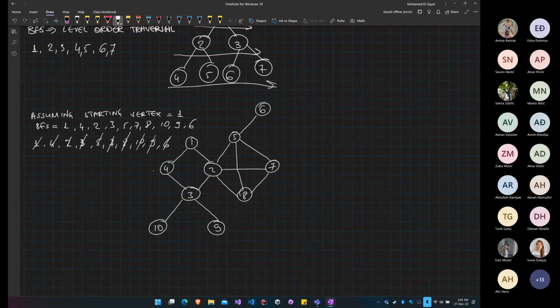Okay, so this is, practically speaking, a BFS on an undirected graph. On a directed graph it is much easier. If you have something like this, for example, right now number 1 has only one choice to go to, which is 2, right? It doesn't have multiple choices anymore.